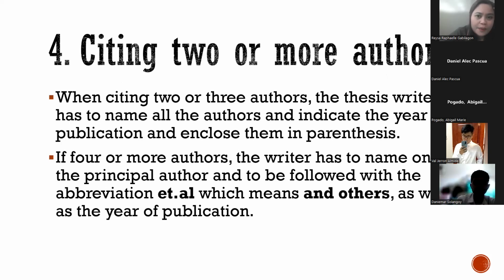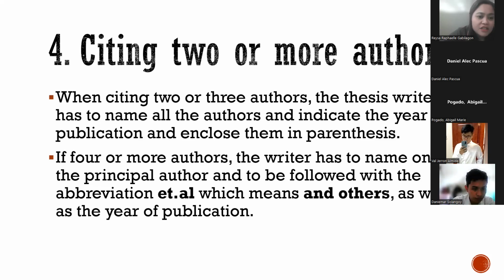Okay? Now, how about citing 2 or more authors? So please take note, class, that if you have two to three authors, you have to name all of them, meaning you have to include all their surnames in the open and closed parentheses or the parenthetical citation.